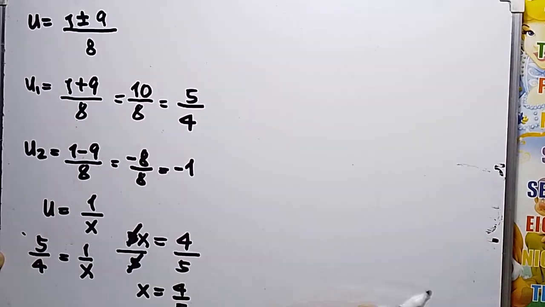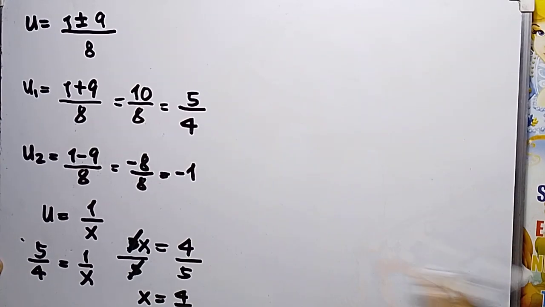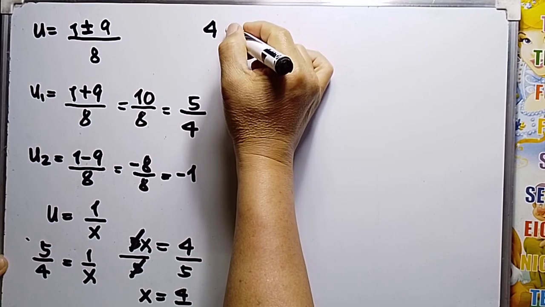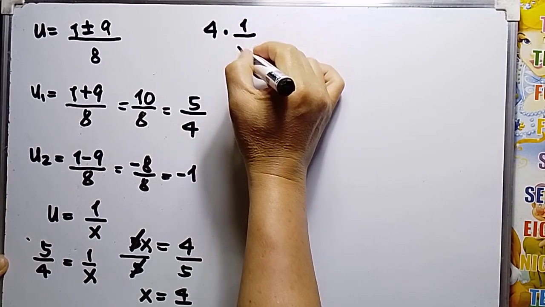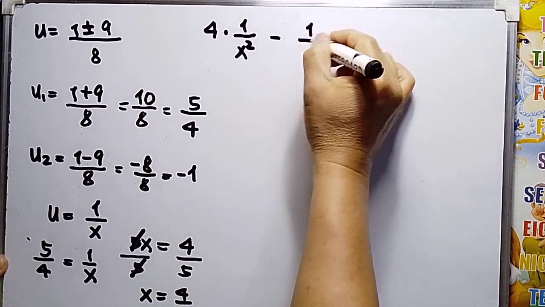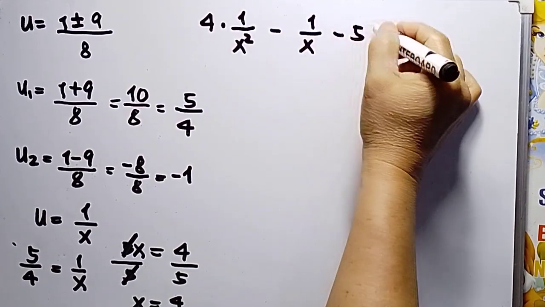Now I go back to the given equation, which is 4 times 1 over x squared, minus 1 over x, minus 5 equals 0.